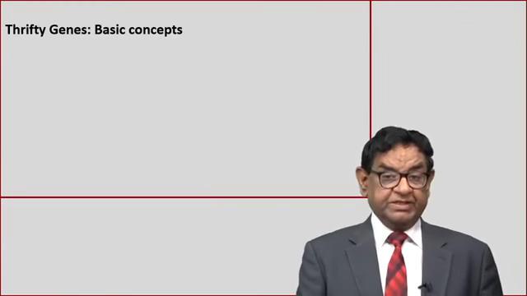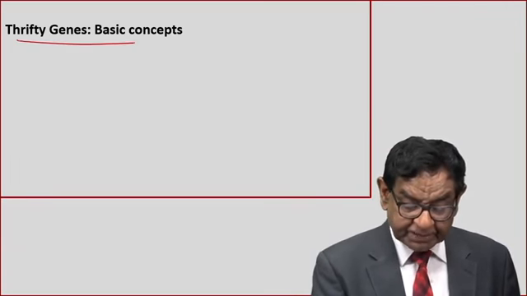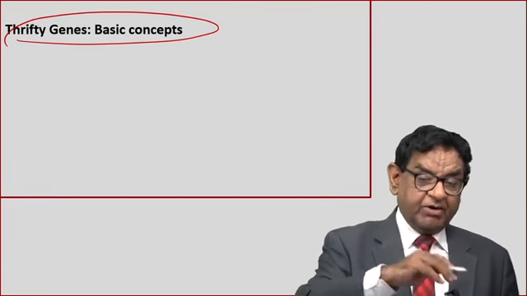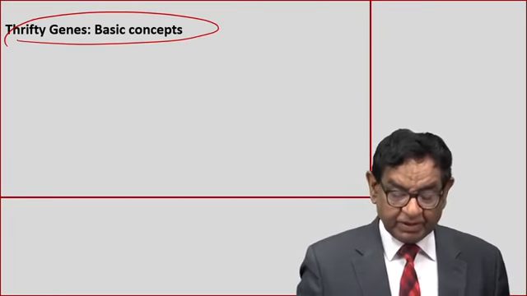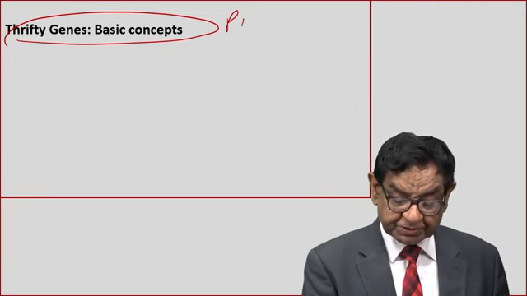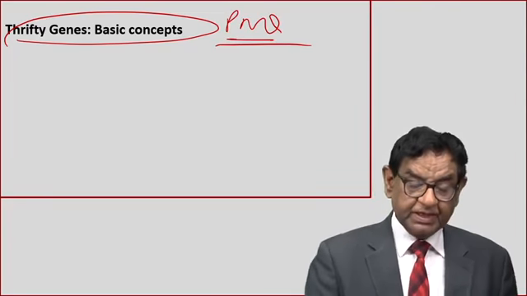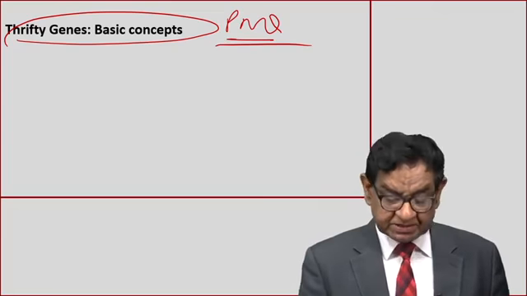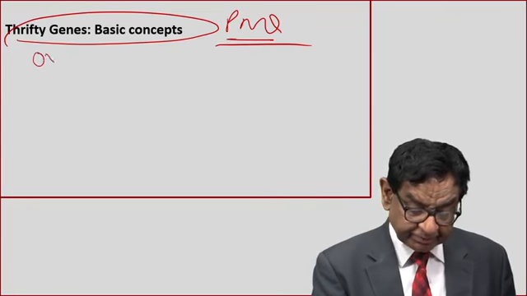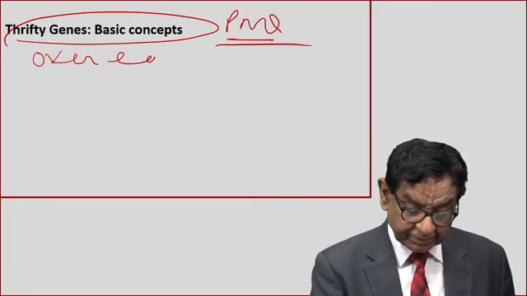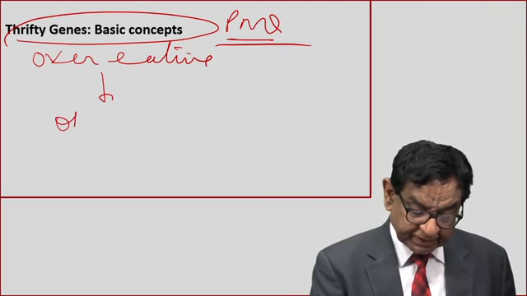Now the thrifty gene, this is again an absolutely new concept. Down and up regulation of receptor is very important. This is a prospective new question. The thrifty gene is concerned with overeating. Overeating leads to obesity.